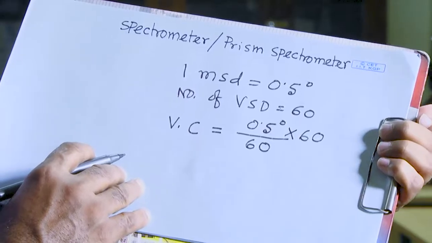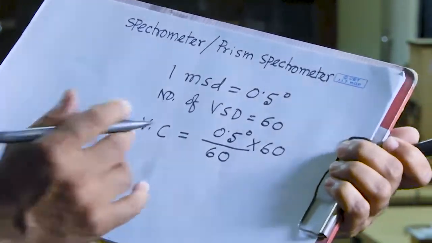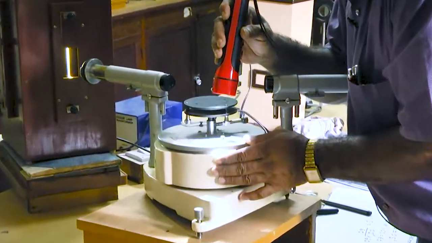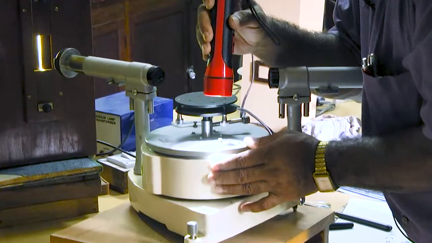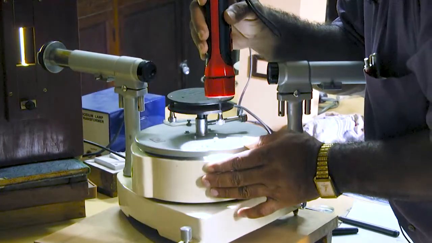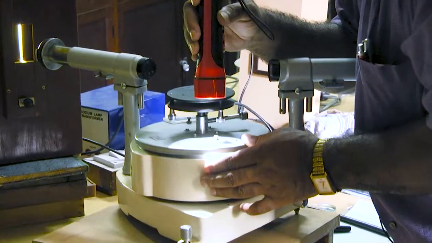Sorry, I think I made a mistake here. Between 1 degree there are 0 to 20, so actually 60 divisions are there.